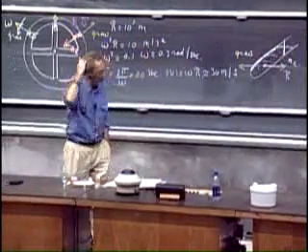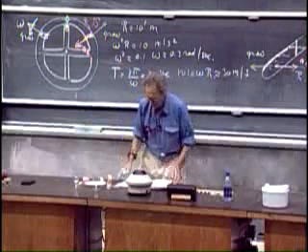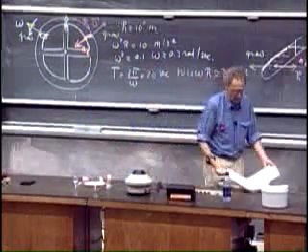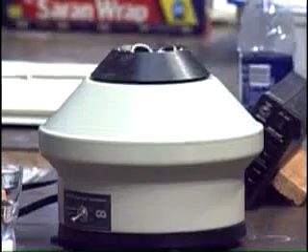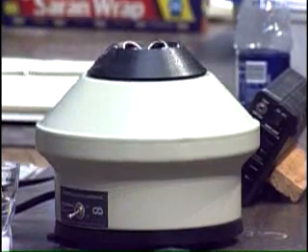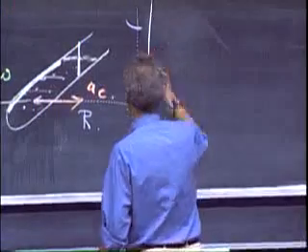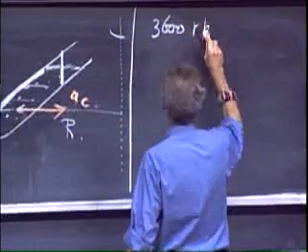But before I do that, I want to give you some numbers. Here we have a household, simple, nothing special centrifuge that is used in any laboratory. The centrifuge that we have has an RPM of 3600 RPM.